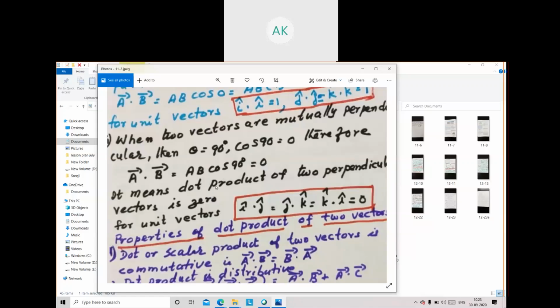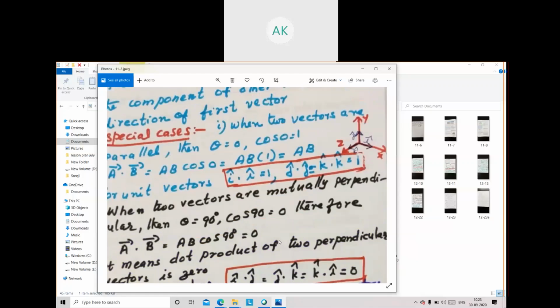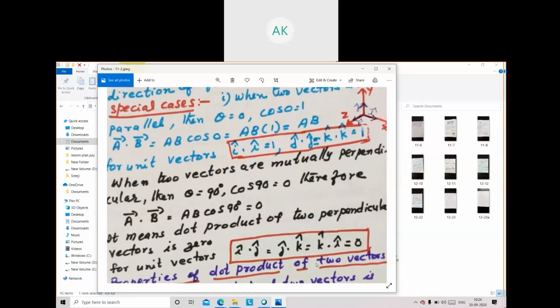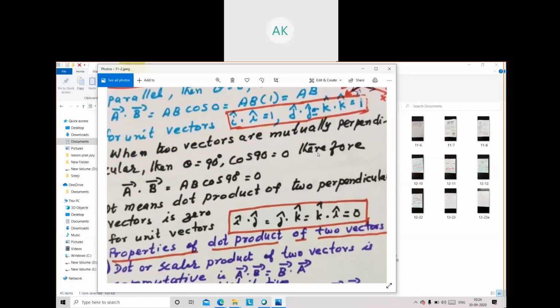Unit vectors are mutually perpendicular, so i dot j is 1 into cos 90, and cos 90 is 0, so 1 into 0 becomes 0. For unit vectors also it is 0.